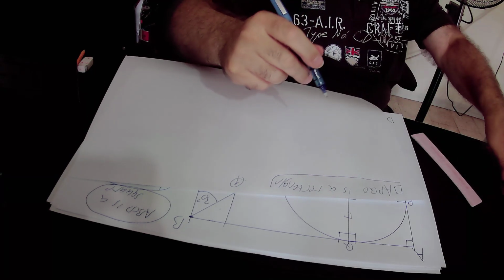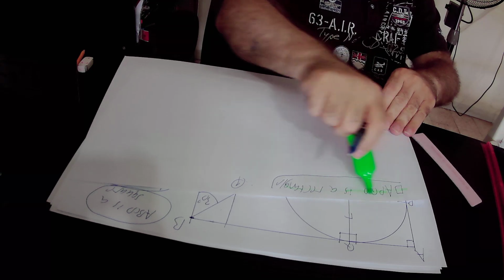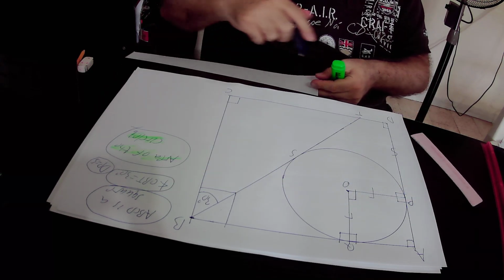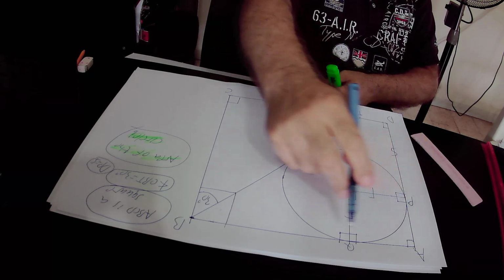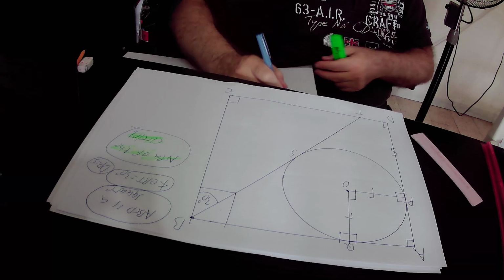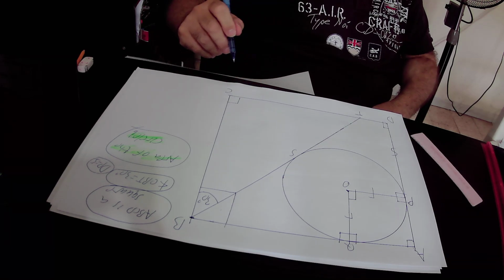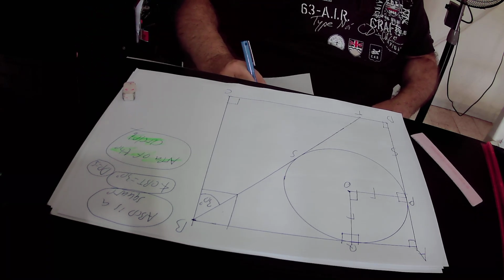And we also know that the opposite sides of a rectangle are equal to each other. That is to say, in rectangle AQPO, we get that AQ equals PO.